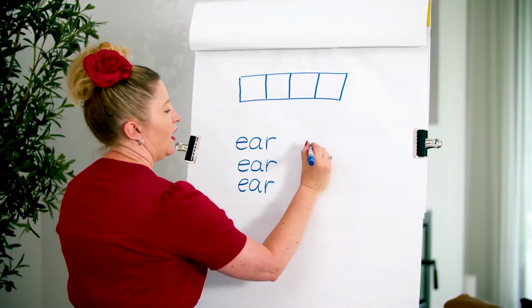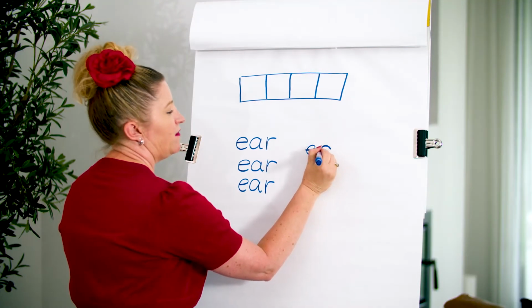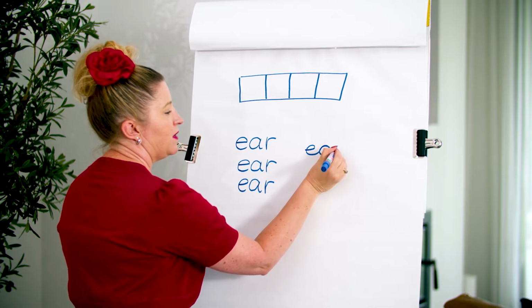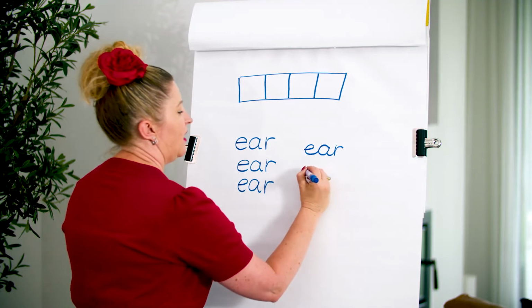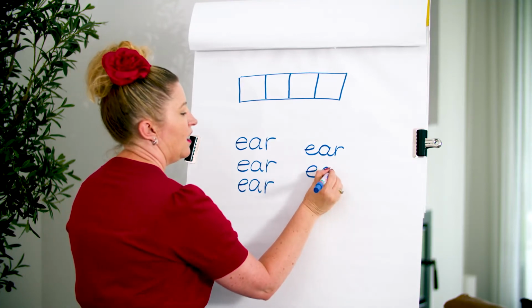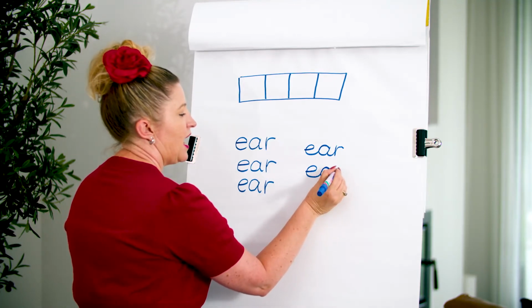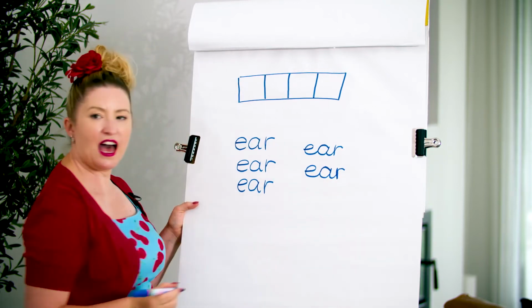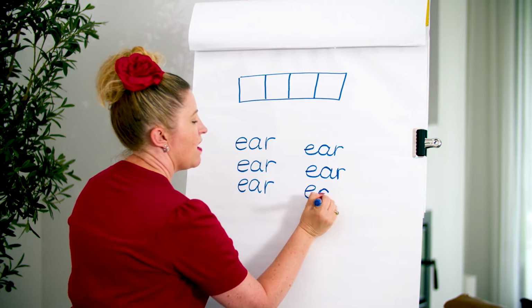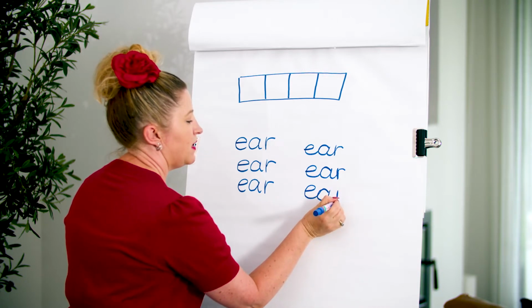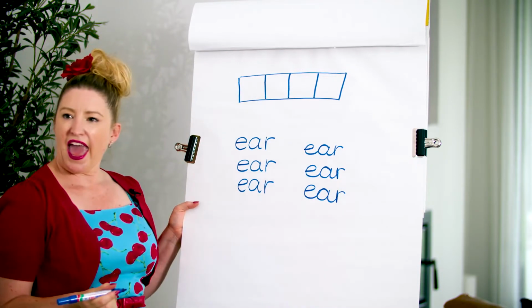Let's have a look at what that looks like. E, up and around for the A, up, down and over for the R, air. E, around for the A, up, down and over for the R, air. E, around, up, down and over, air.